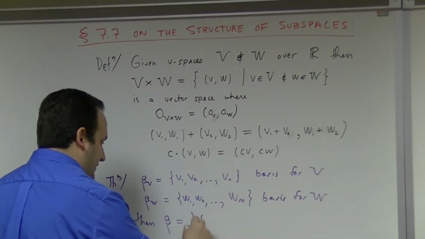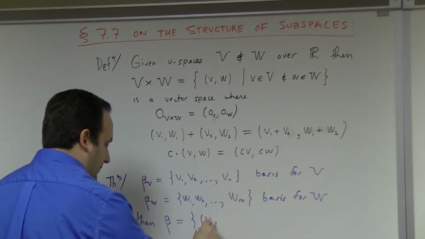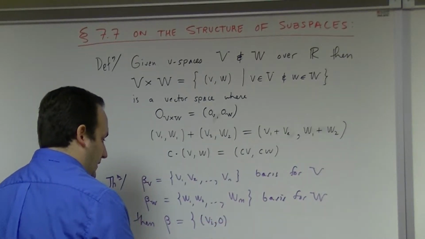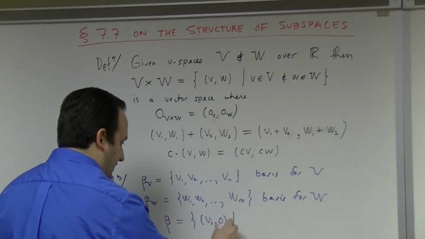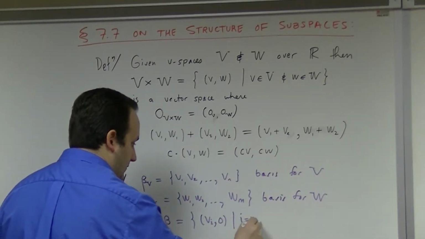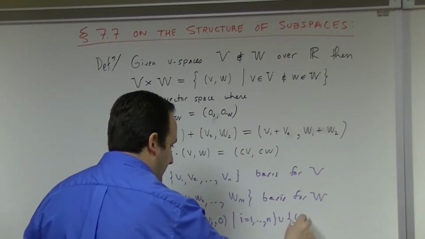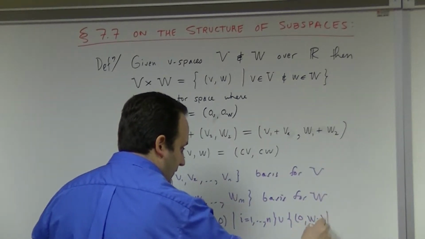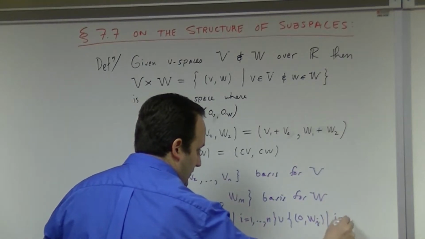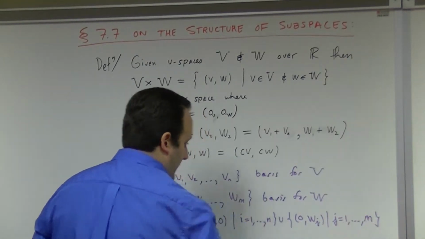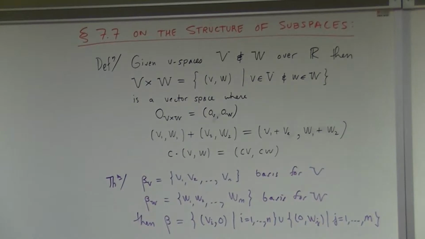So one thing we do is we take (vi, 0), such that i is equal to 1 to n. The other thing we put in here is (0, wj), where j is equal to 1 to m. So my claim is that beta is a basis for V cross W.